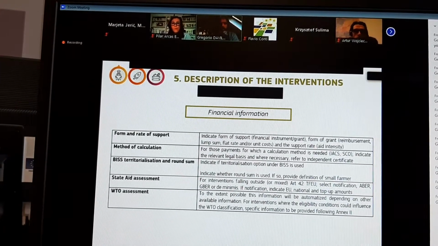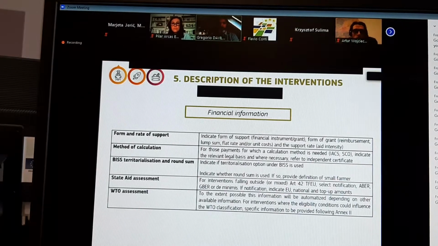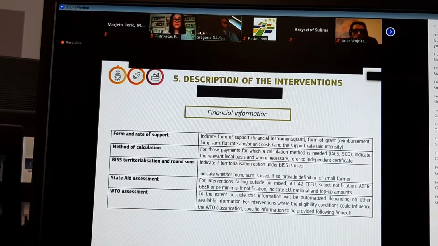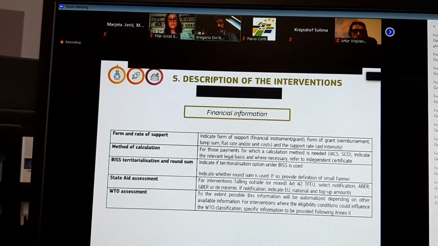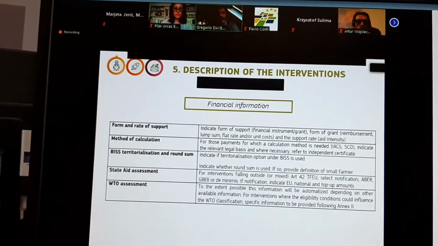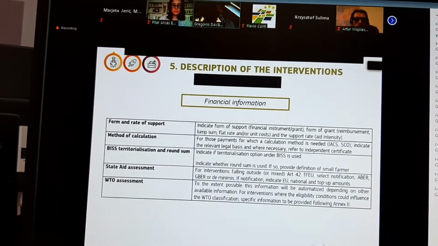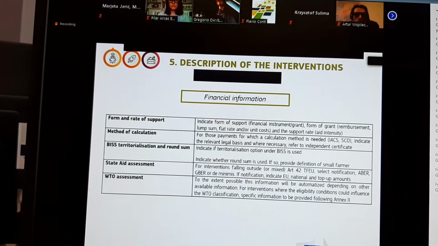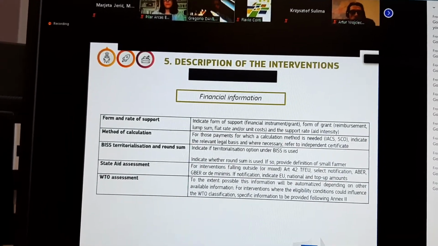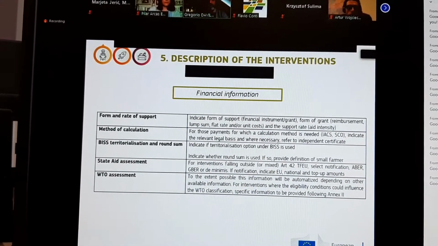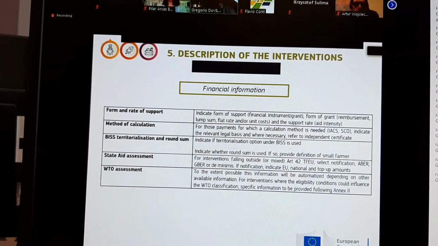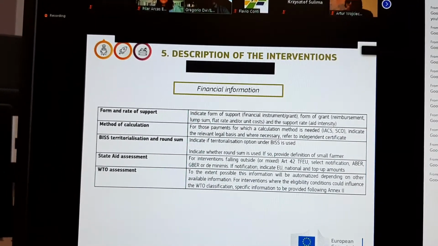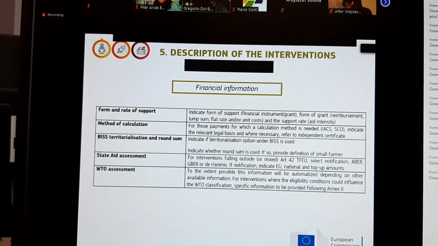We will need to see, as you currently do, the legal basis for this, if it's based on an ex-ante fair, equitable, and verifiable method, or if it's based on existing simplified cost options applying at national level. The whole set of different methods that are available. So we'll need to see which ones you are using without further details.